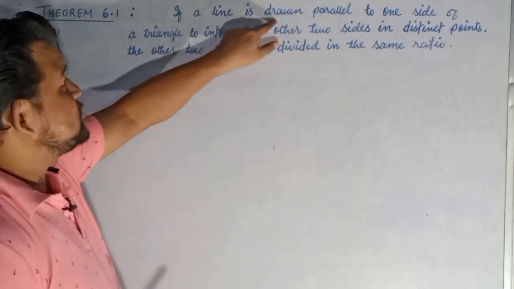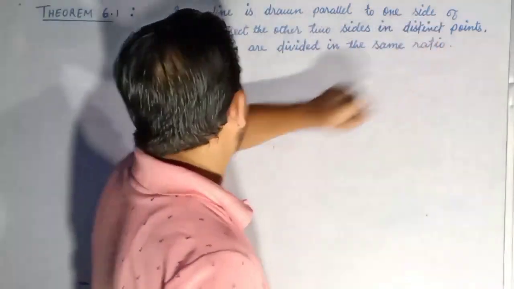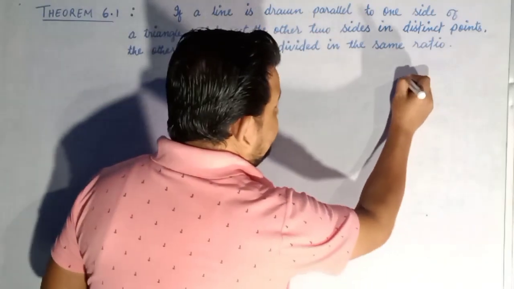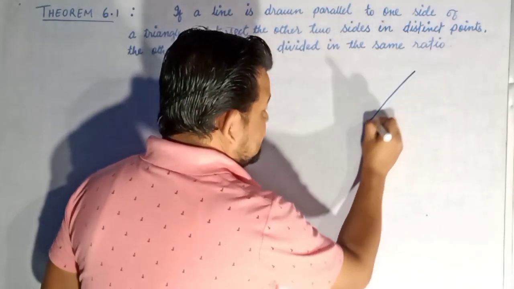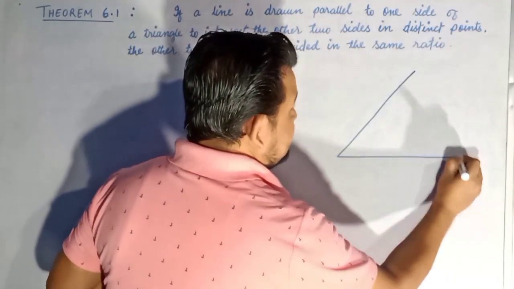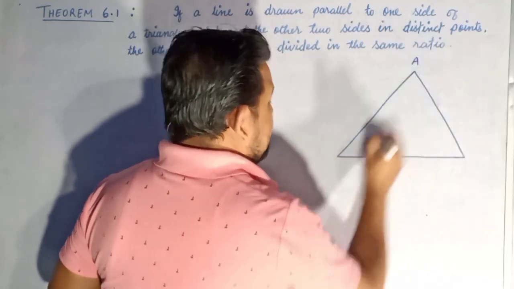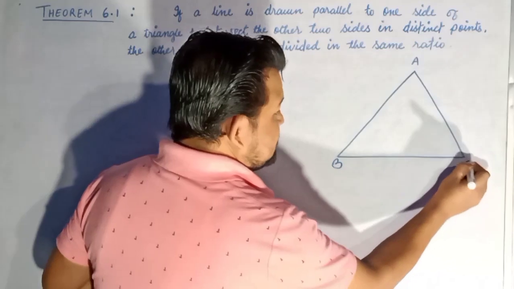If a line is drawn parallel to one side of a triangle, that means what is given. Suppose ABC is a triangle.